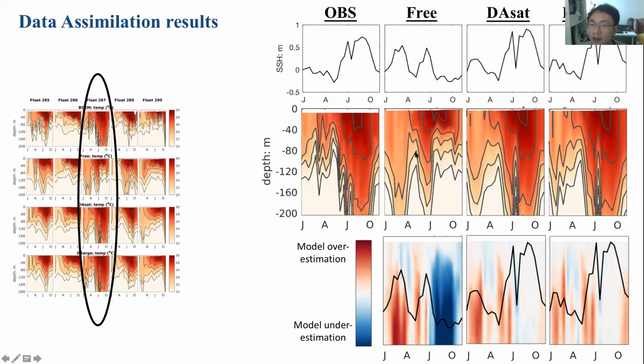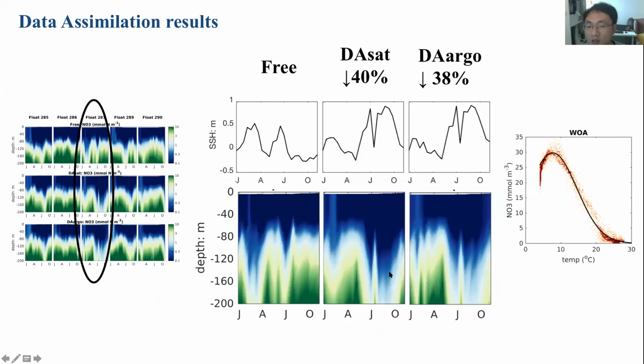We can see that the data assimilation corrected the position of this loop current eddy, and also within this loop current eddy, the data assimilation depressed the isotherms, and therefore naturally decreased the temperature bias relative to the observations. In addition, the improvement in the temperature will then translate into the subsurface nitrate because of the high correlations between the temperature and nitrate.